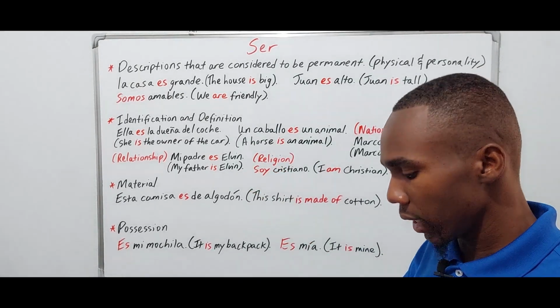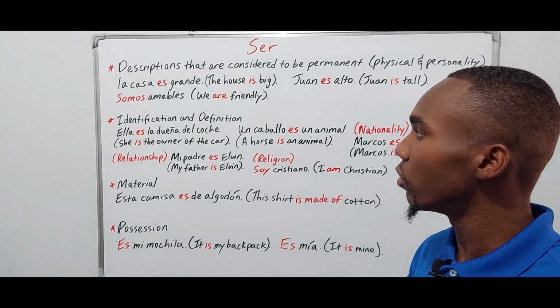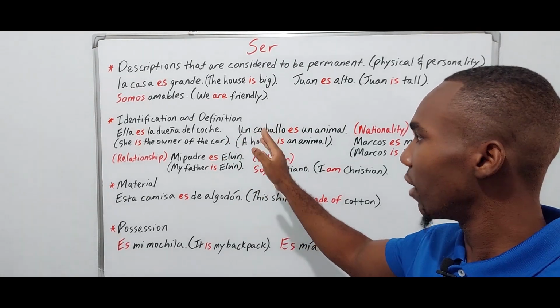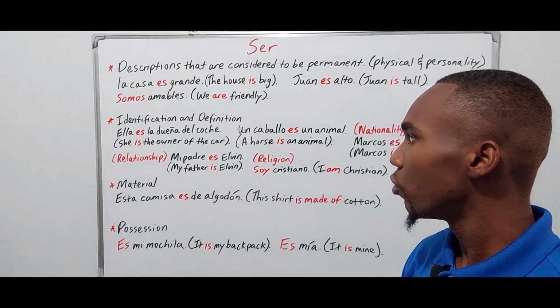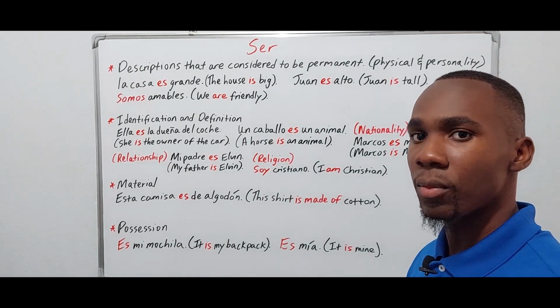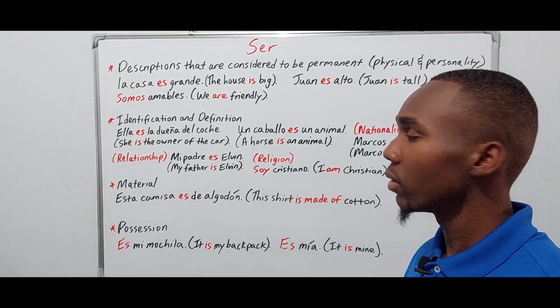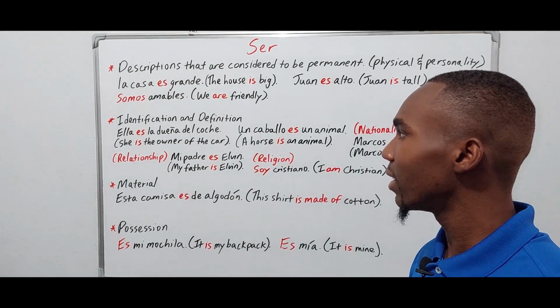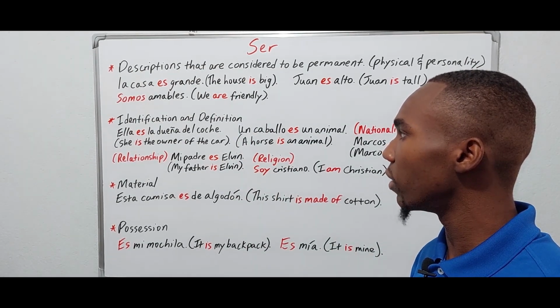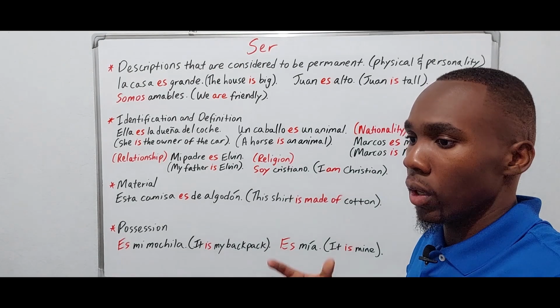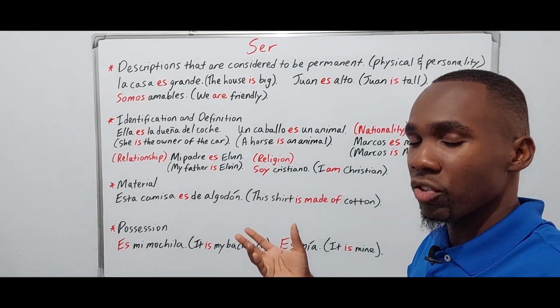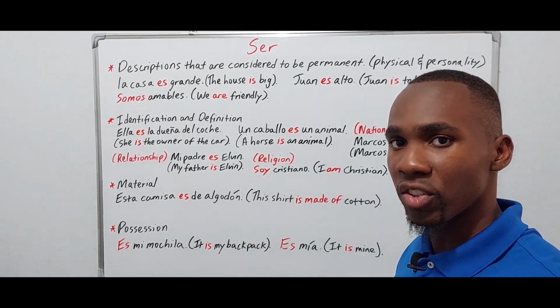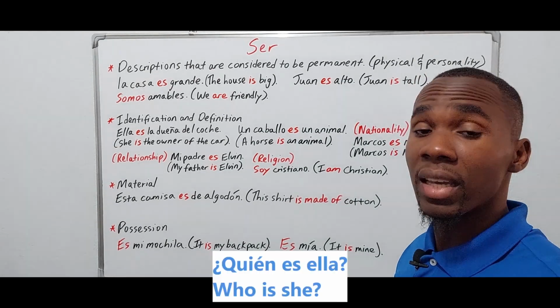Second context in which ser is used is for identification and definition, all right? So if we want to identify someone or something, we use ser, all right? So for example, ella es la dueña del coche. She is the owner of the car, right? So that answer could have come from a possible question like, ¿Quién es ella?